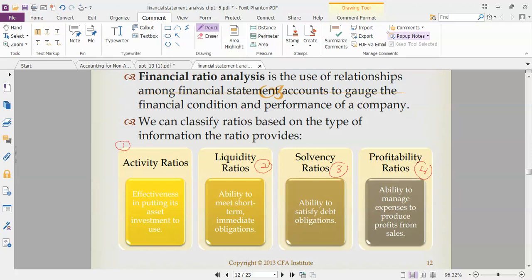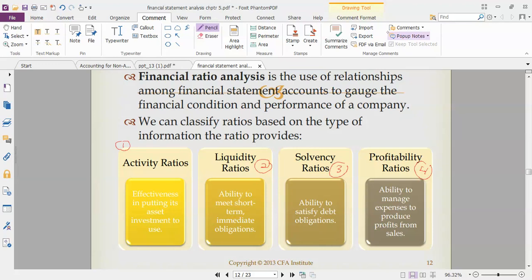What are activity ratios? Activity ratios measure how effective the company is in putting its asset investment to use. For the liquidity ratio, we will look at the ability of the company to meet the short-term immediate obligation.